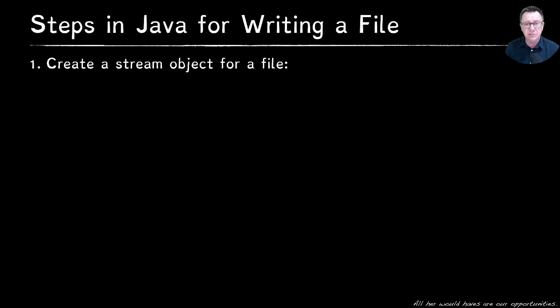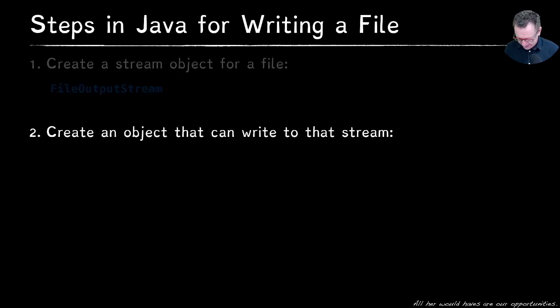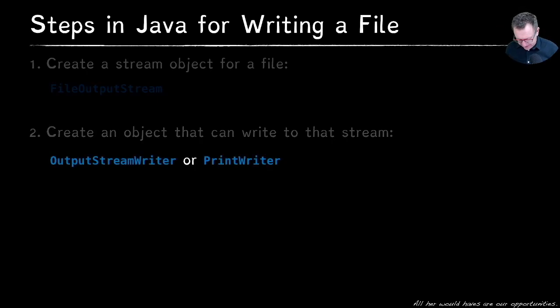What about when it comes to writing a file? You're going to see it looks pretty much the same. We create a stream object for a file output stream. Can you guess what's next? We create an object that can write to that stream. So we want to add to the stream, if you like. We want to write to the stream and send our stuff out. And we use an output stream writer or a print writer.